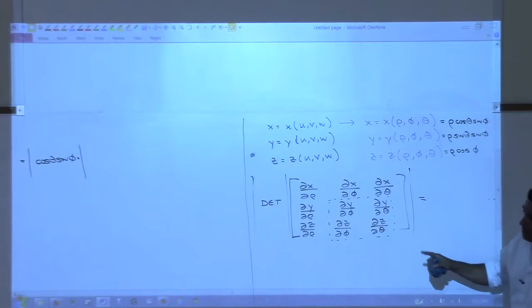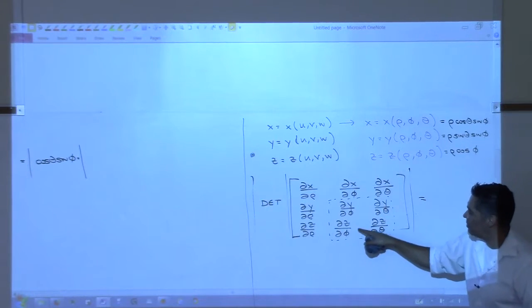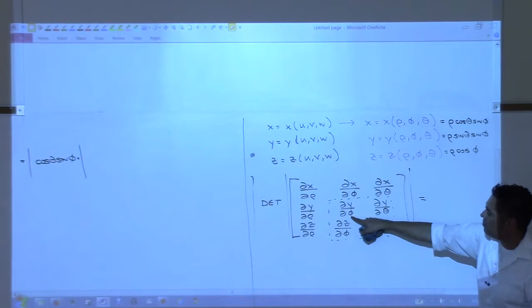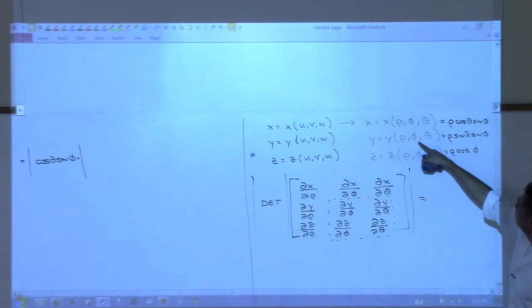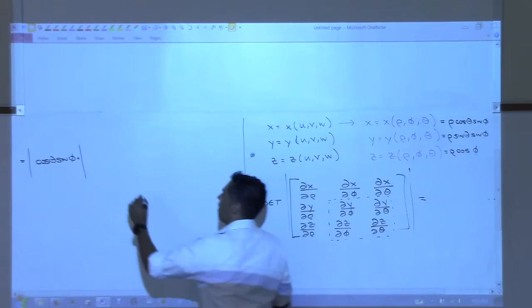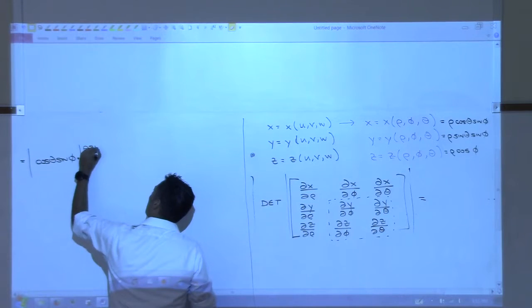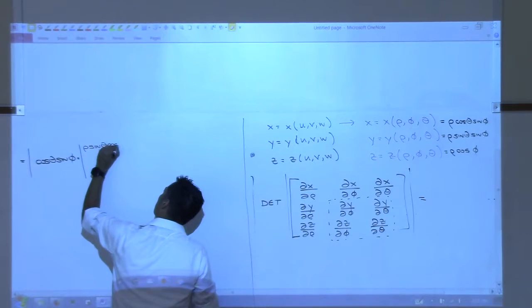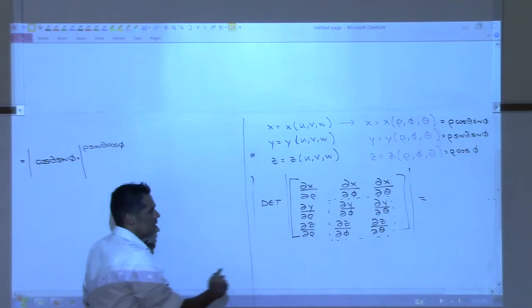Okay, so let's do these. I'm not going to do the determinant, I'm just going to calculate each of these. What's the partial of y with respect to phi? So rho sine theta cosine phi, right? You with me? Okay, that's just that.